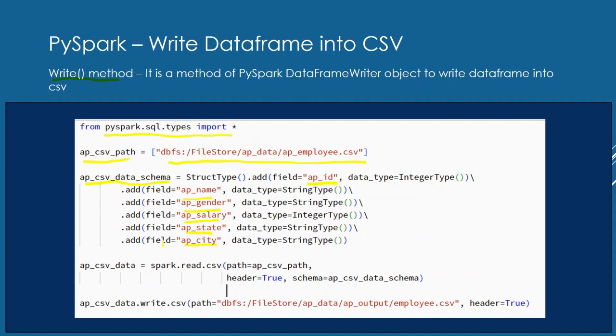We are reading this CSV file with the help of the spark.read.csv function, passing the path parameter. This is the value of the path parameter which is defined here. We are saying that the CSV which we are going to read has a header and a schema. This is the custom schema which we have defined here.